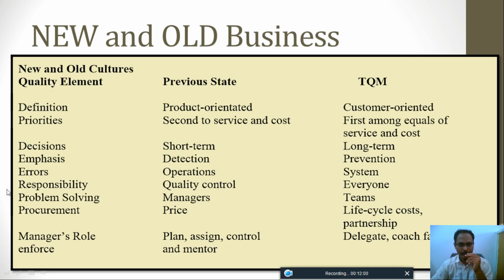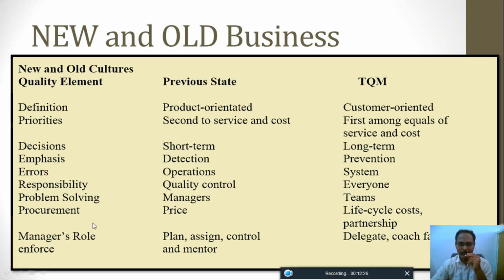Responsibility: only the quality control team was responsible for product quality, but in TQM it is not like that. Everyone in the company is considered responsible for quality control. Problem solving: only the manager runs his head, but in TQM there is a team which solves those problems.